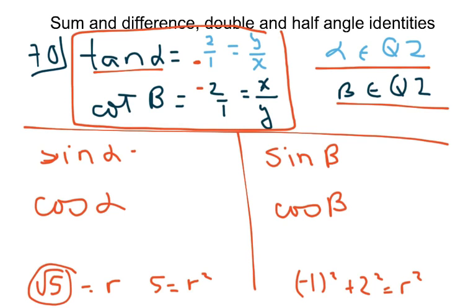We know that sine equals y over r. For alpha, that's going to be 2 over root 5, which equals 2 root 5 over 5.